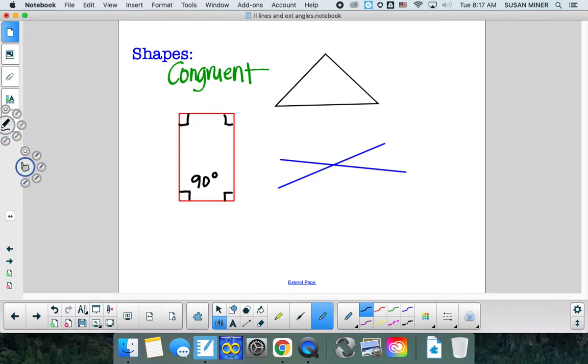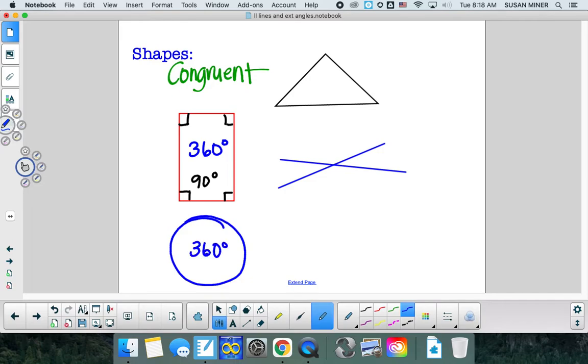And so we say, hey, if we add up all of the angles in a square or a rectangle, there is 360 degrees. And so a square and a rectangle add up to 360 degrees. Another shape that the angles add up to 360 degrees is a circle.